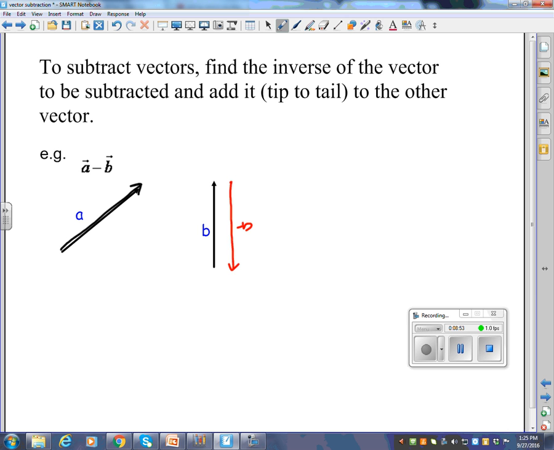Then place them tip to tail. This one is A, which would make this one here our resultant.